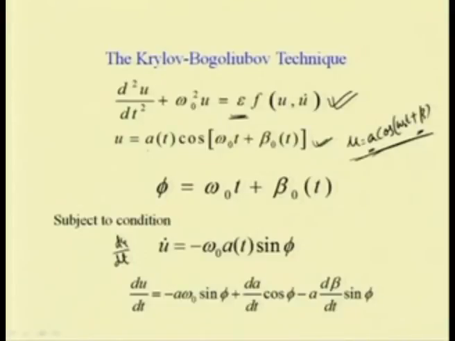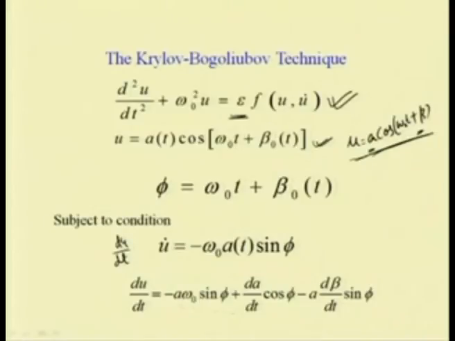Now differentiating this equation, one can write du by dt equal to minus a omega 0 sin phi plus dA by dt cos phi minus a d beta by dt sin phi. As we have u equal to a(t), which is a function of time, similarly this cos phi inside is a function of time, and beta is a function of time.